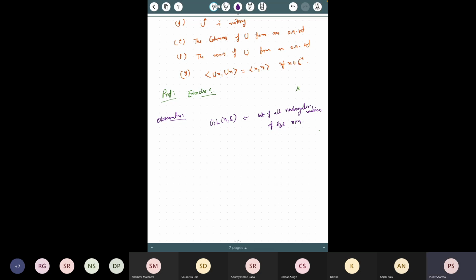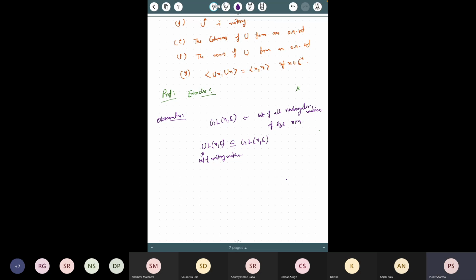Now if you look at the set of all unitary matrices, let me denote it by this. This is a subset of GL_n(C), because unitary matrices are invertible. Every unitary matrix is invertible, but not every invertible matrix is unitary. This is the set of unitary matrices of size n cross n. Now you can verify that this set is actually a subgroup.